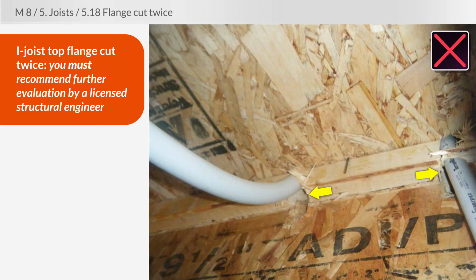This home inspector said I have to get a licensed structural engineer because my flanges on my I-joist have been cut," the building department would say, "Hey, thanks for letting us know. Now you're going to need a building permit, and you're going to have to submit a drawing stamped and sealed by a licensed structural engineer." I guarantee you that's what's going to happen. So you will get excellent support from anybody else when you write this up.